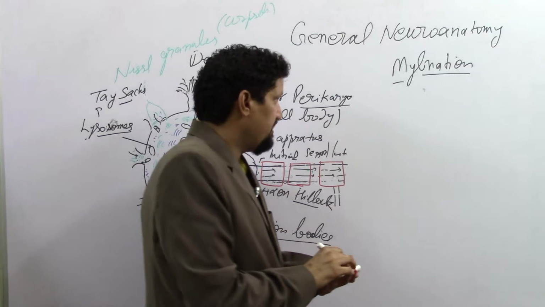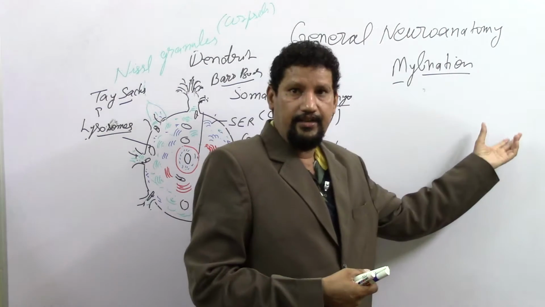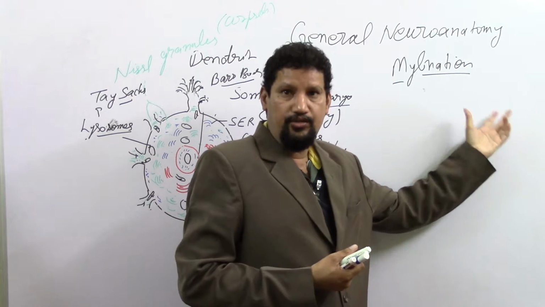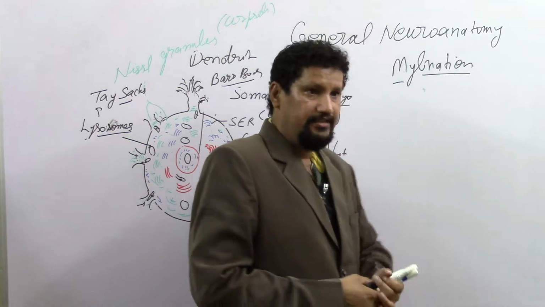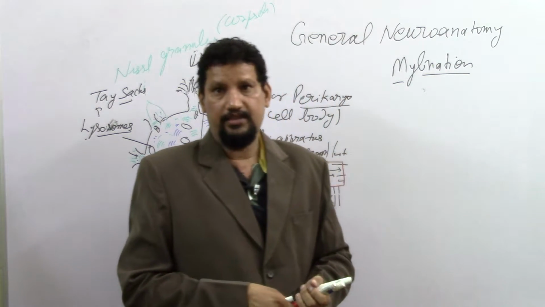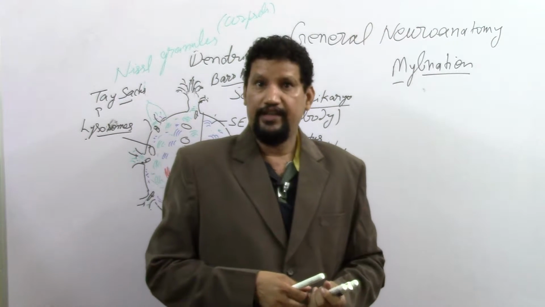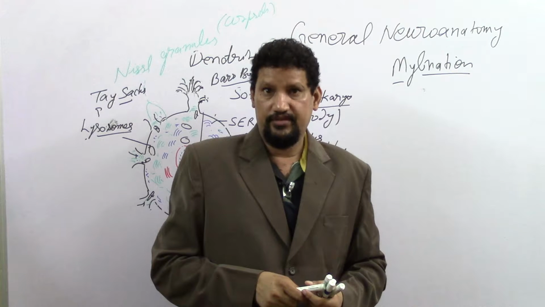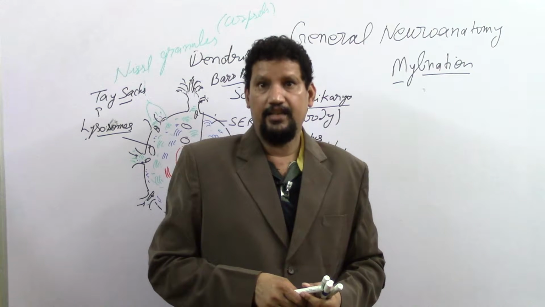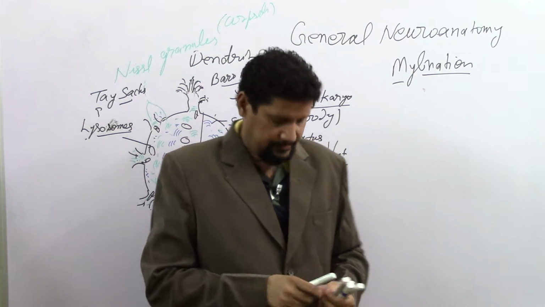So how is myelin sheath formed around the neurons and tracts? The myelination in central nervous system is done by oligodendroglia or oligodendrocytes. In case of peripheral nervous system, myelination is done by Schwann cells.